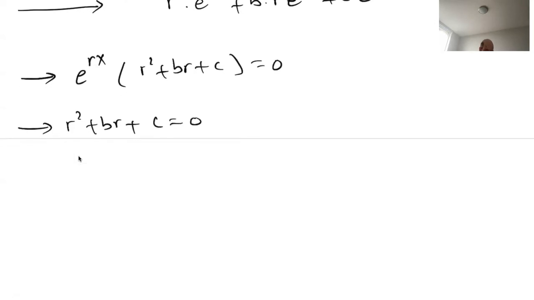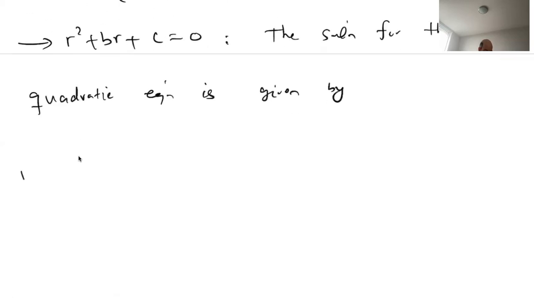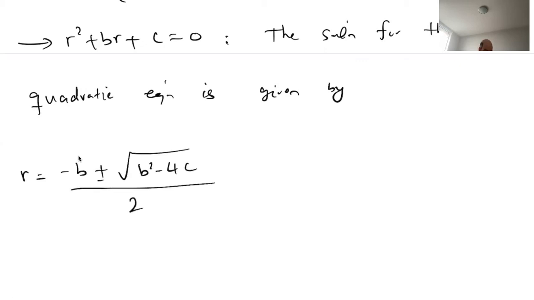So what is the solution for this now? The solution for this quadratic equation is given by r equals minus b plus or minus root of (b squared minus 4c), divided by 2.